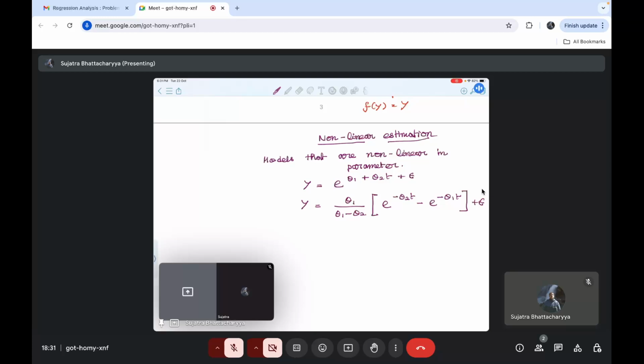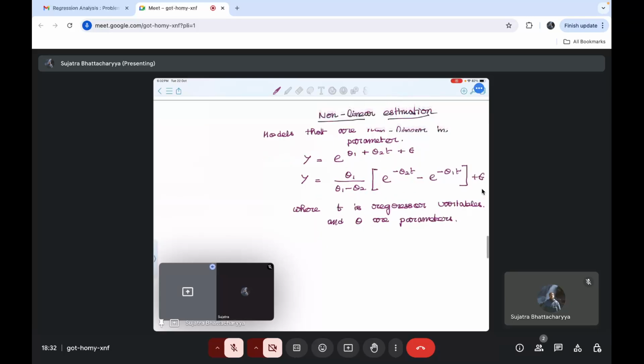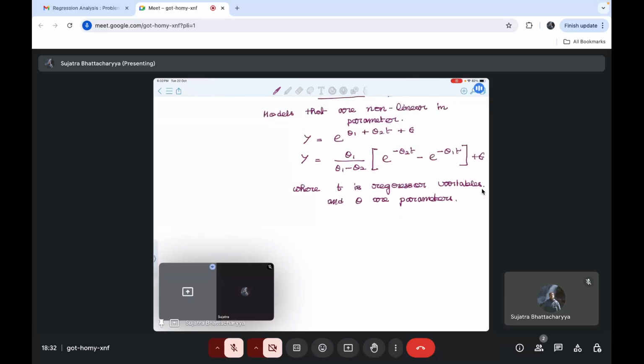Okay, let me write that here: where t is the regressor variable, regressor variables you can say, and theta are parameters. Right, so this is how nonlinear estimation is defined, how nonlinear models are defined.